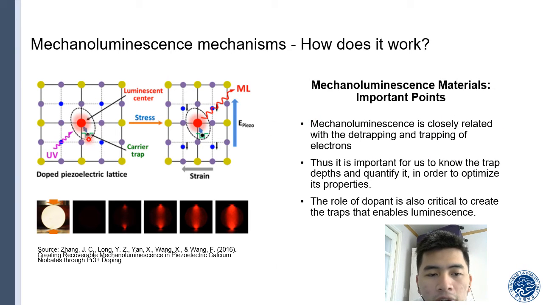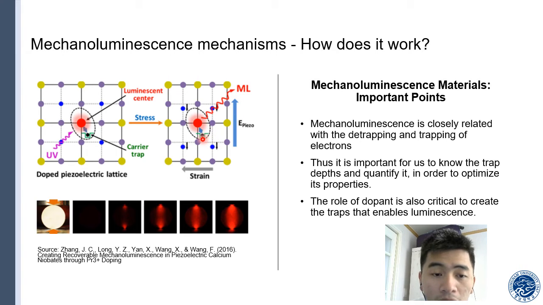The trapping itself is the feature of elastoluminescence that enables the material to possess persistent luminescence without breaking it. And then it is important for us to know the trap depth and quantify it in order to optimize its properties. This is the thermodynamics correlation that we are going to talk about.